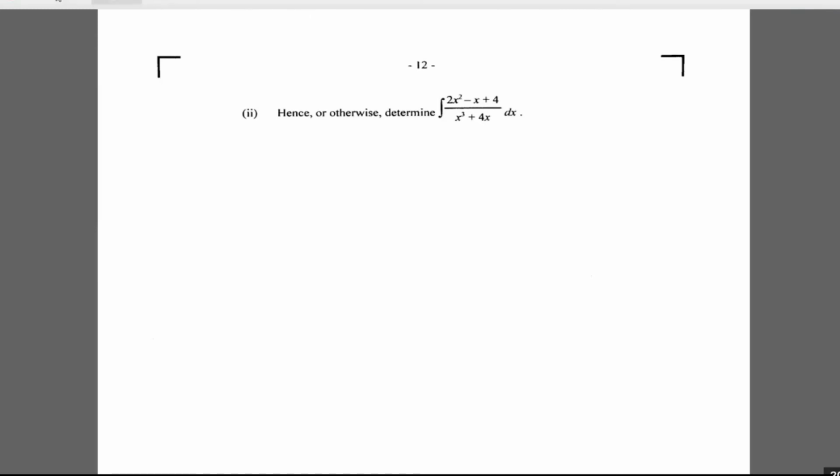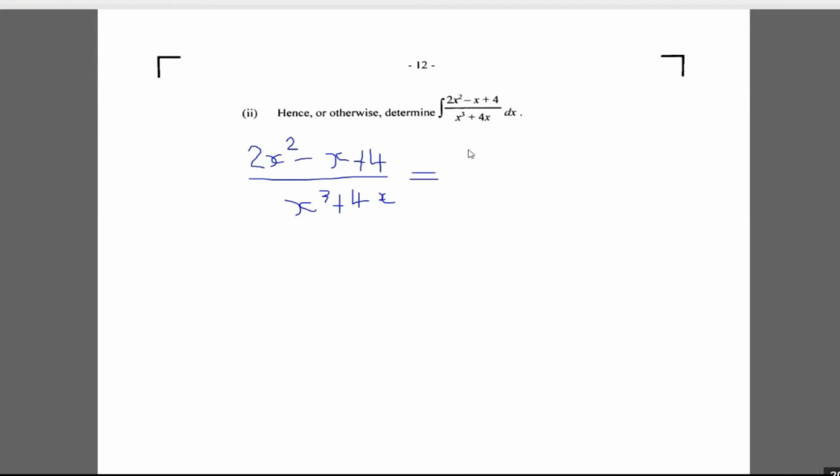Hence meaning, given that we know, so this is what we do know. We do know that 2x squared minus x plus 4 over x cubed plus 4x can be separated as the sum of 3 partial fractions, right? So since we can separate this as the sum of 3 partial fractions, we're just going to integrate those 3 partial fractions.